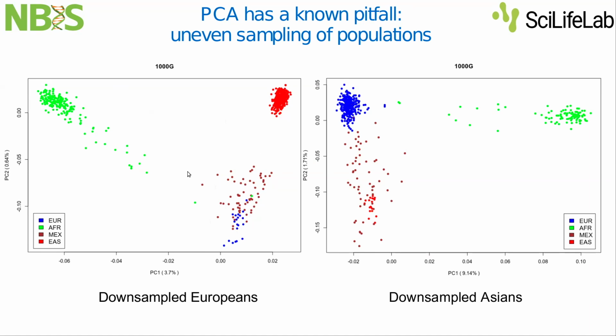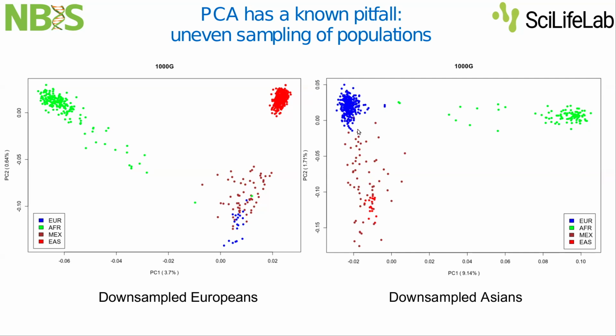For example, here on the PCA on the left-hand side, I downsampled Europeans. So originally, all three reference clusters had 500 individuals, but now I downsampled Europeans, I think, down to 100. And the Mexican cluster shifted towards European, but the situation is completely different.